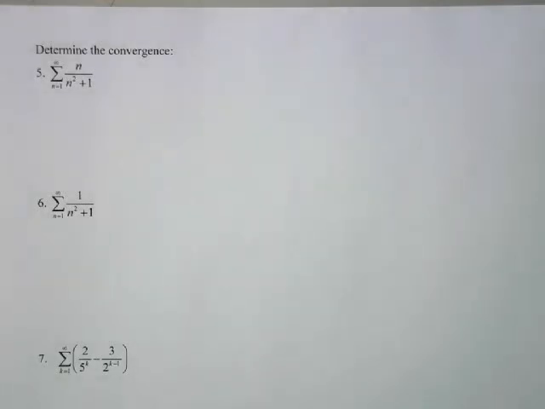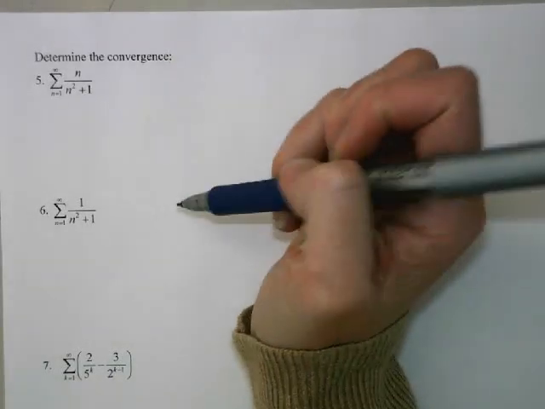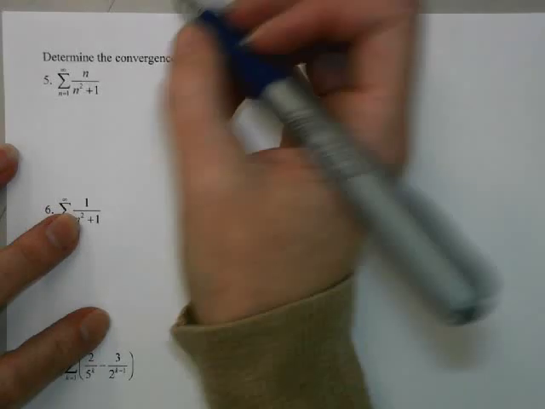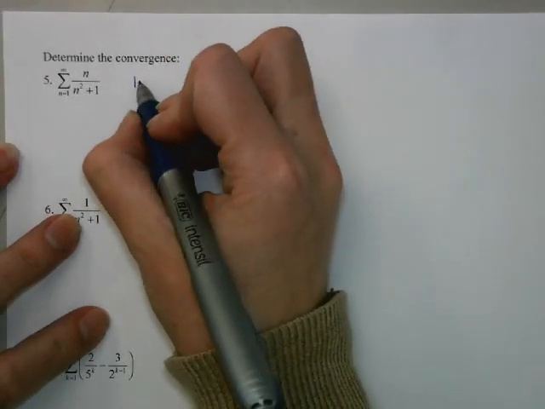Now we've got some problems where we're going to determine the convergence. So we need to pick a test. This one here, if we look at this, that's going to be pretty easy to find the integral of. So I'm going to use the integral test.